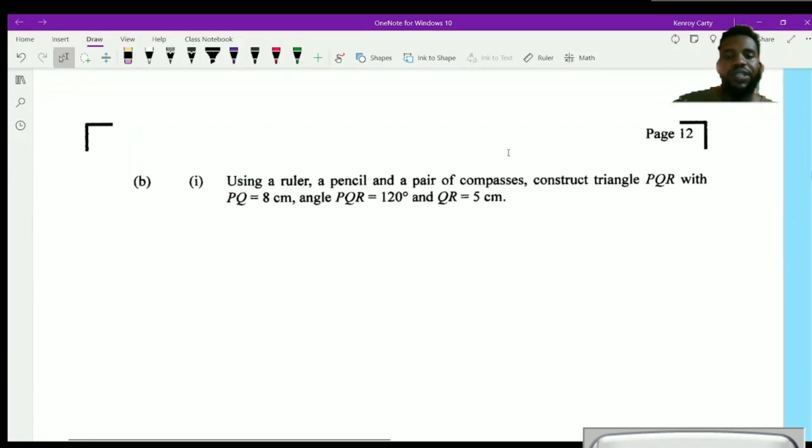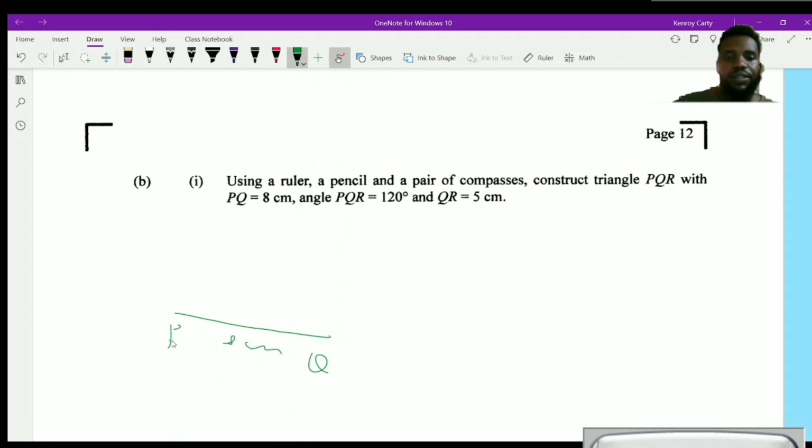Now the next one is a construction. It says use a ruler and a pencil and a pair of compasses. Construct triangle PQR with PQ equal 8 centimeter, angle PQR equal 120 degrees, and QR is equal to 5 centimeter. So we're going to have to start with a baseline. Let me just quickly sketch up a triangle so we can sketch it from that. Let us imagine that this is PQ and PQ is 8 centimeter.